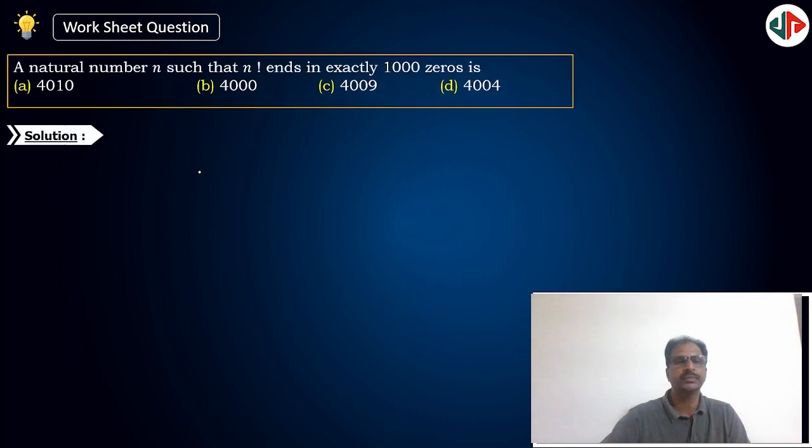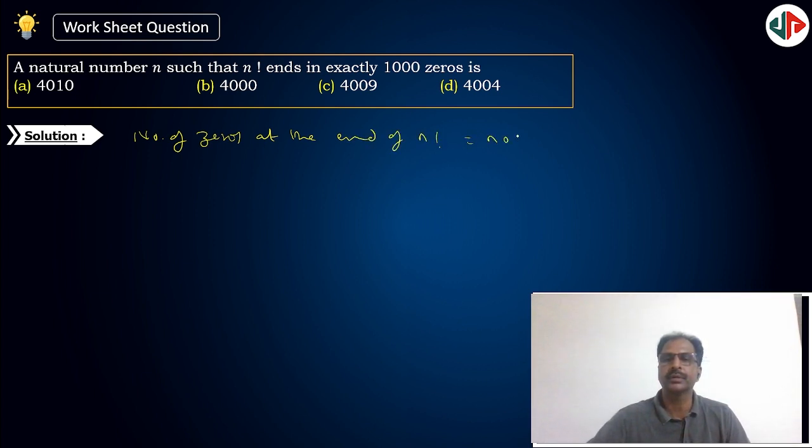Next, a natural number n such that n factorial ends in exactly 1000 zeros. See, the number of zeros at the end of n factorial is nothing but the exponent of 10 in that n factorial.